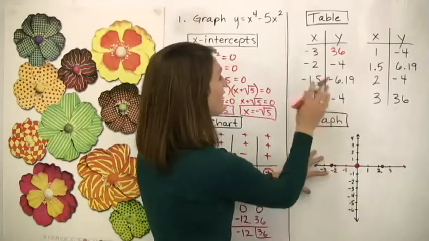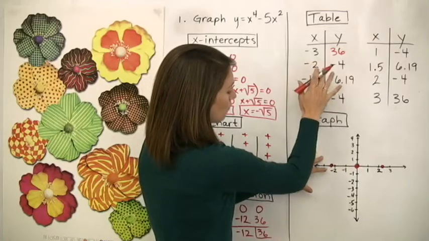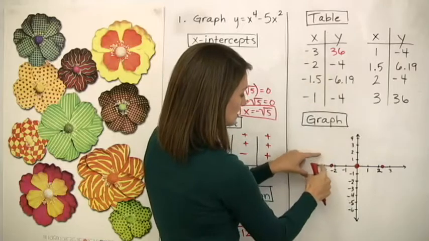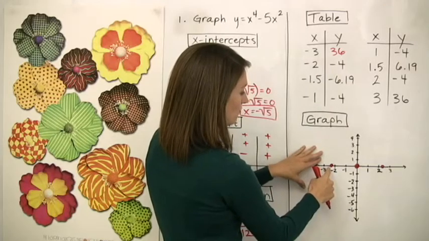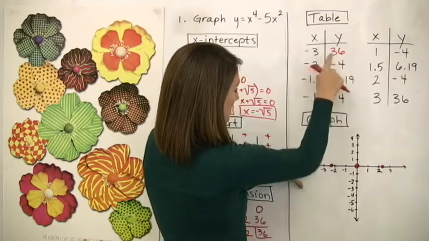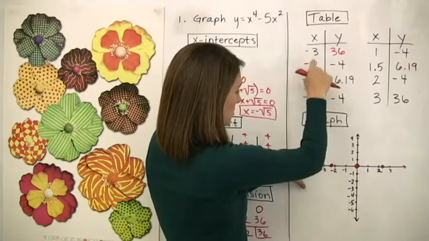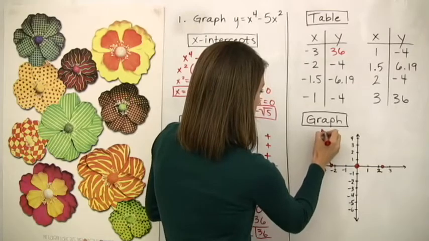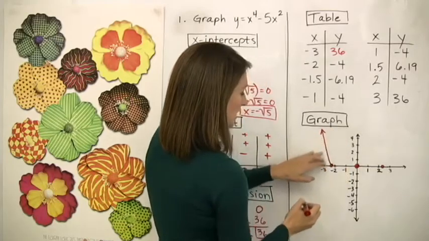And then comparing that to our values in our table of ordered pairs, let's look at this first one that we found, -3, which is less than -√5. So it's going to have a y value way up here off of our axes, but we know that our graph is going to start looking at least approximately like that.